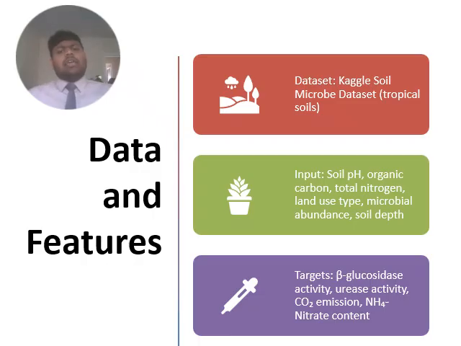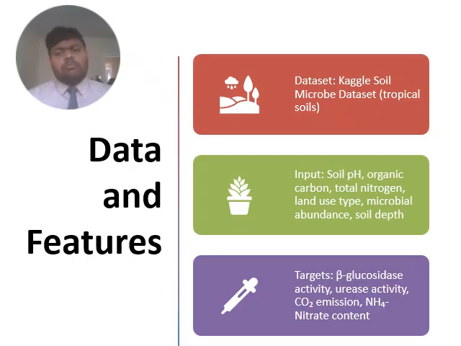I used the Kaggle soil microbe dataset, which includes tropical soil samples. Key input features include soil pH, organic carbon, nitrogen, land use types such as monoculture, organic or traditional, microbial abundance data for bacteria and fungi, and the depth at which the sample was taken.